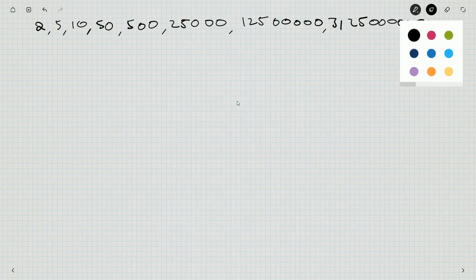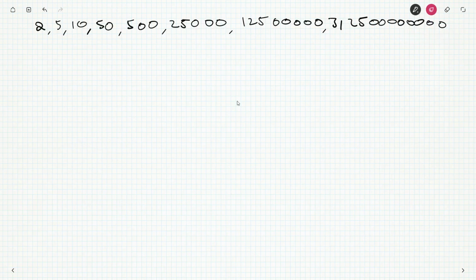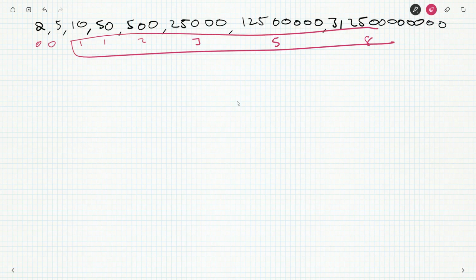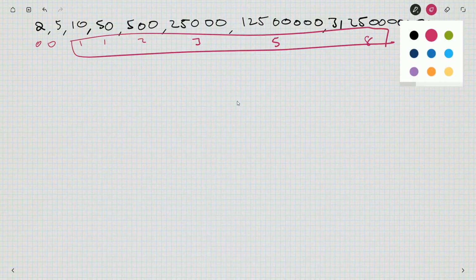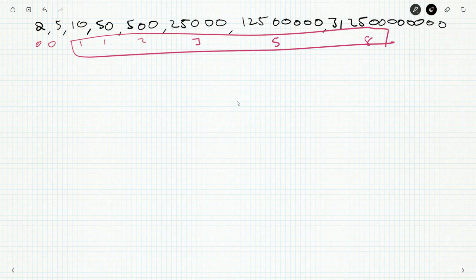Alright, so the numbers are getting bigger, but what have we got here? No zeros, no zeros. 1, 1, 2, 3, 5, 8. And this part should be familiar to you if you've done any math contests or really any recreational math. This is the Fibonacci sequence.